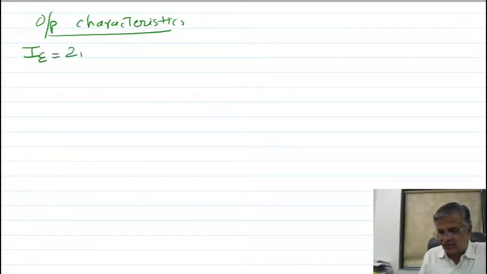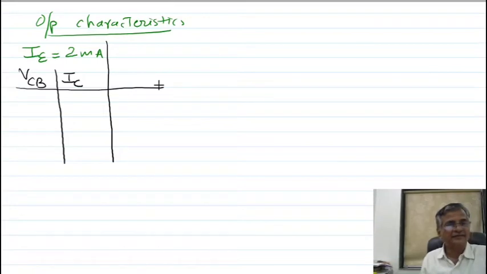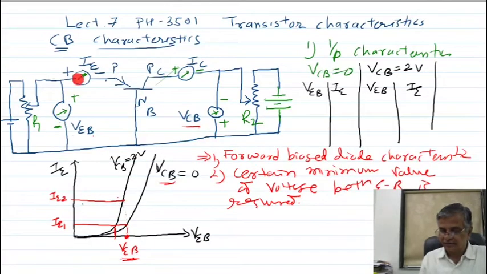Just to explain you, I am taking 2 milliampere and vary the collector base voltage in a suitable step and note down the corresponding value of the collector current. What I am doing? This ammeter I am keeping fixed, keeping 2 milliampere with the help of R1, or you can say by adjusting this value of the voltage.